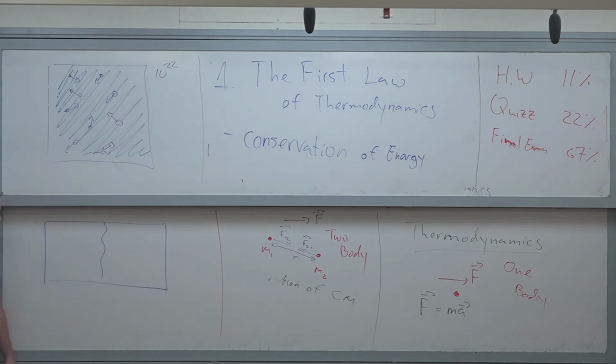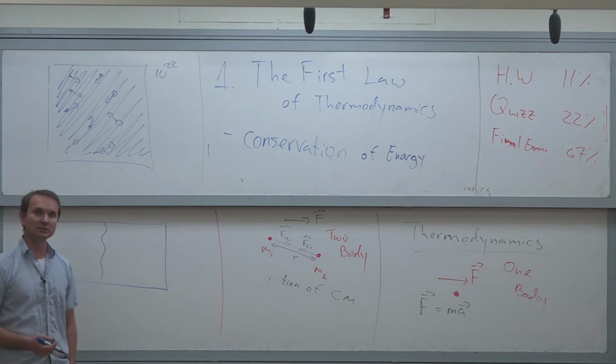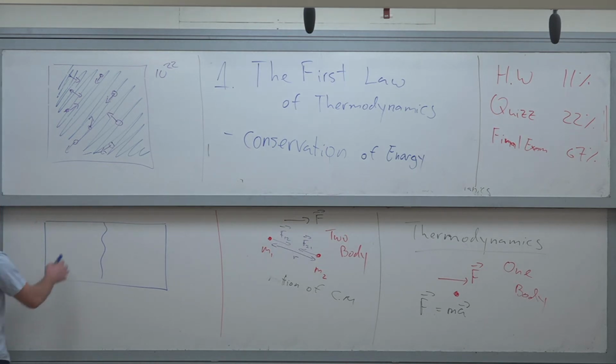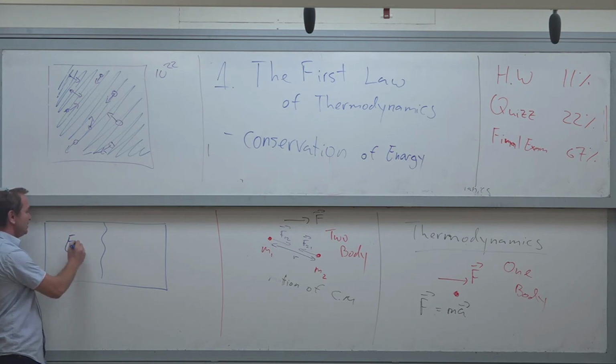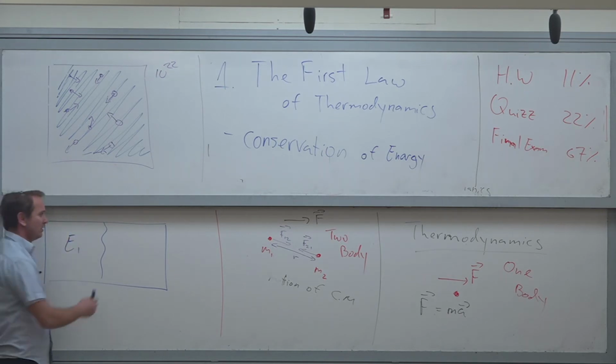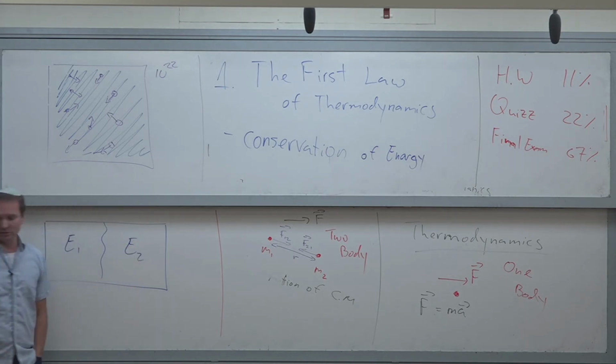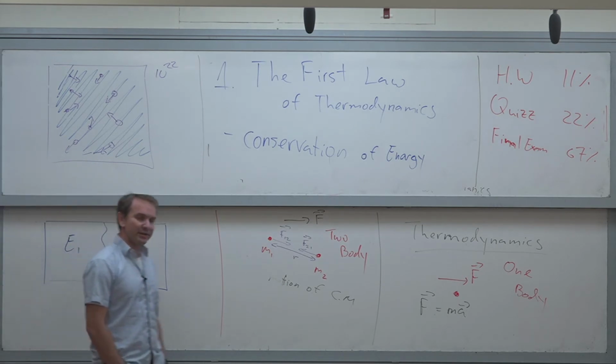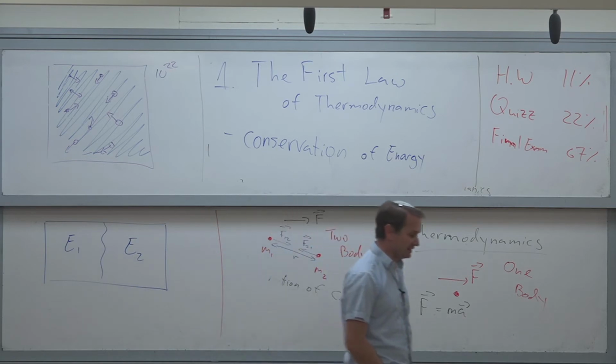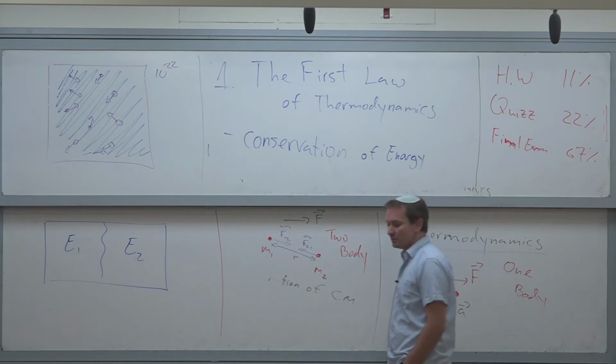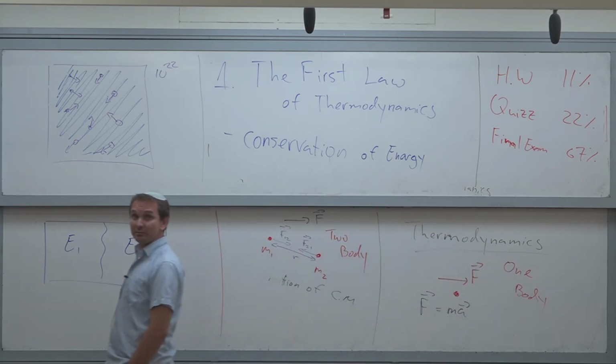There is a separation. I'm trying to say that there is something that I call the internal energy of the system. Okay? If this is my system, the internal energy of the system is E1. This is my system, the internal energy is E2. And from what I know, at least from the 19th century perspective, the energy of the system is an extensive property.